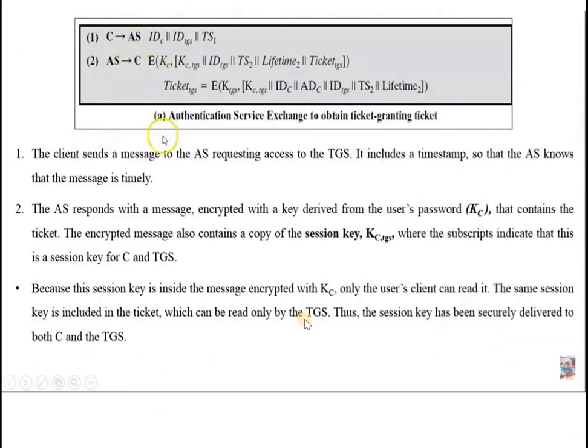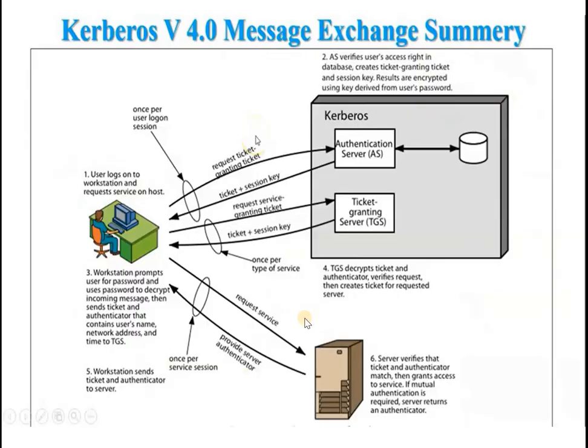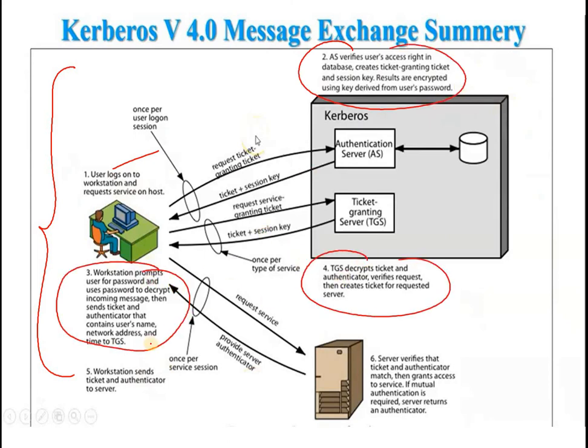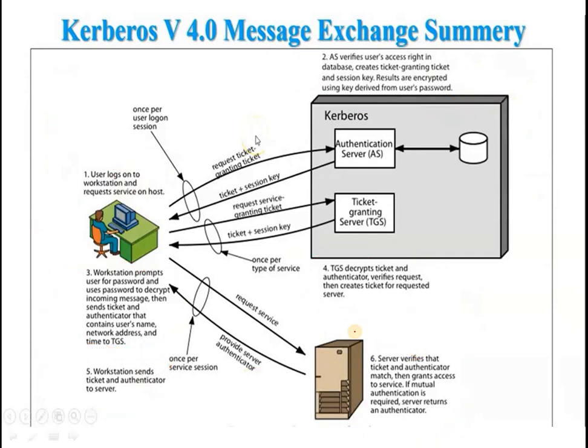So whatever I've explained is there. Please go to this. This is the summary of all that 6 steps. You can see here 1, 2, this is 3, this is 4, this is 5, and this is 6. So all this summary of how the message exchange takes place in the Kerberos, all this has been diagrammatically represented like this.